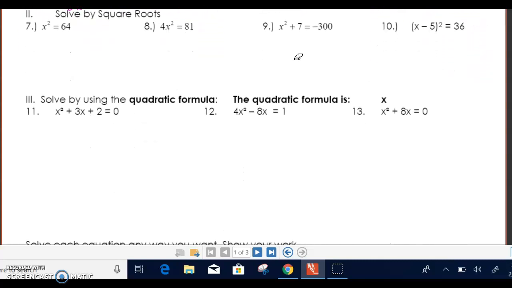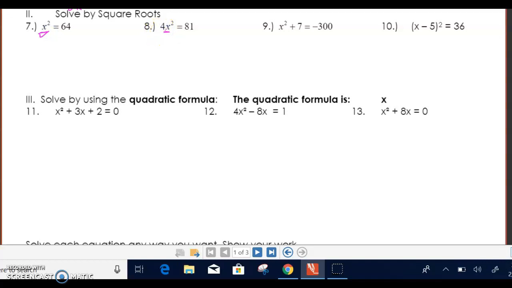Okay, the square root method involves you actually just taking the square root of both sides of an equation. But before you can square root both sides of the equation, you have to have the square term by itself. This x squared needs to stand alone on one side of the equation. So this one stands alone.